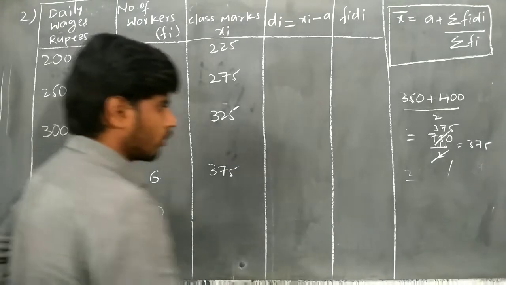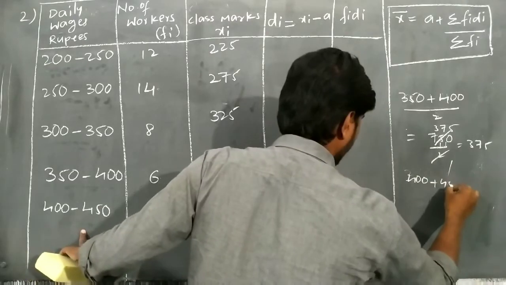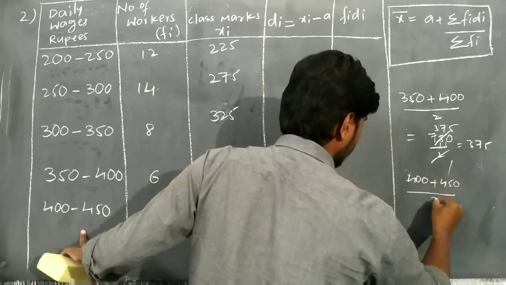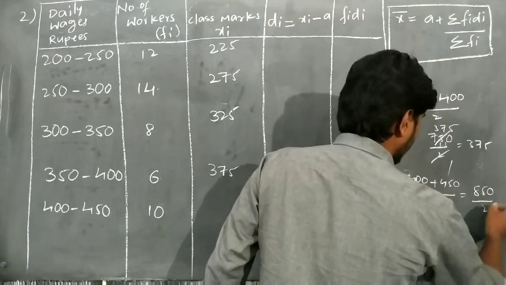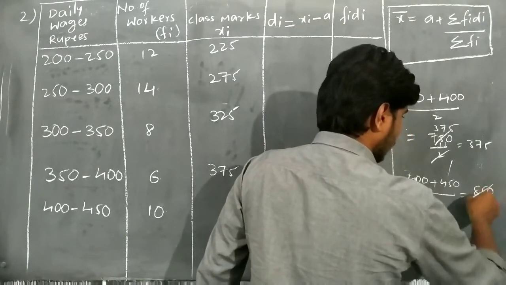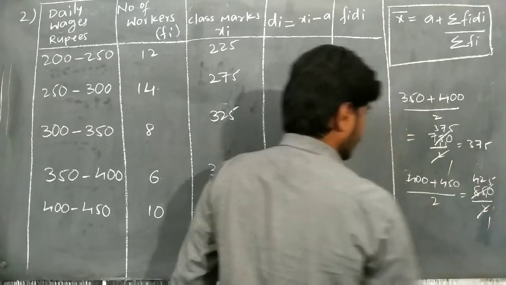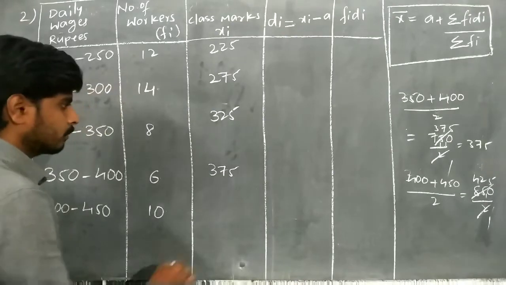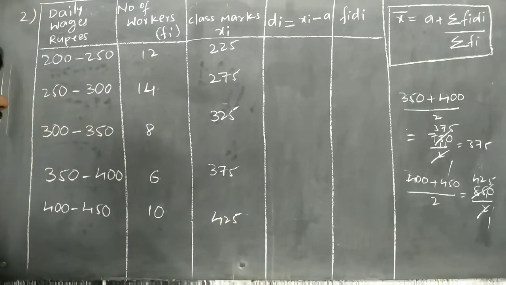Next, 400 plus 450 by 2, so 850 by 2, okay, 2 fours are 8, 2 twos are 4, 2 fives are 10. So 425 is the class mark here, okay, right.